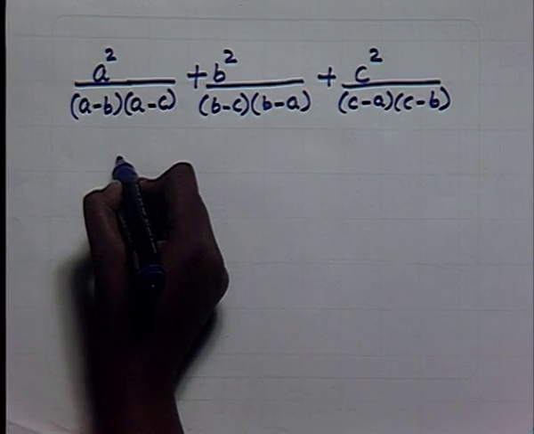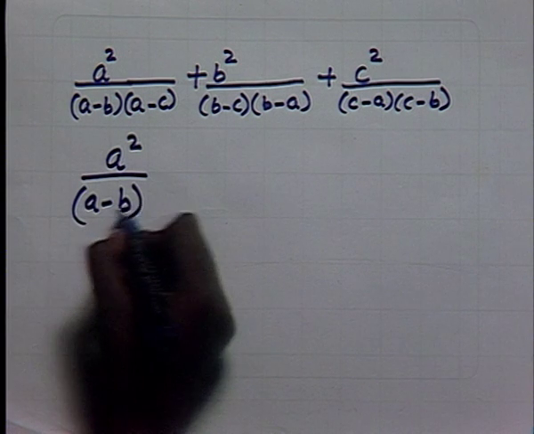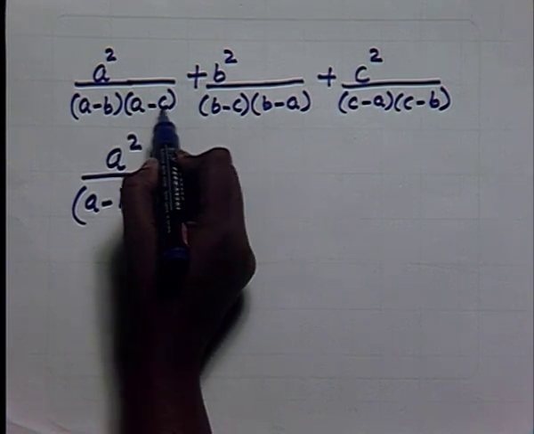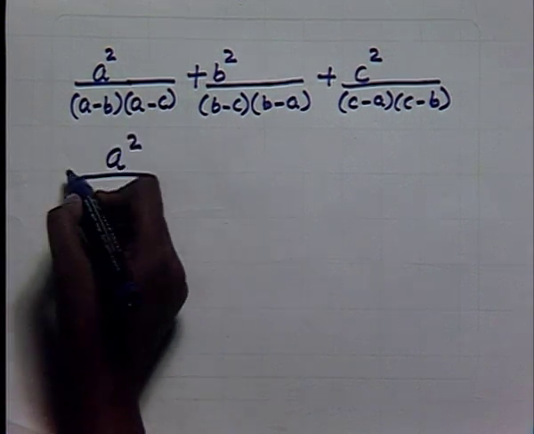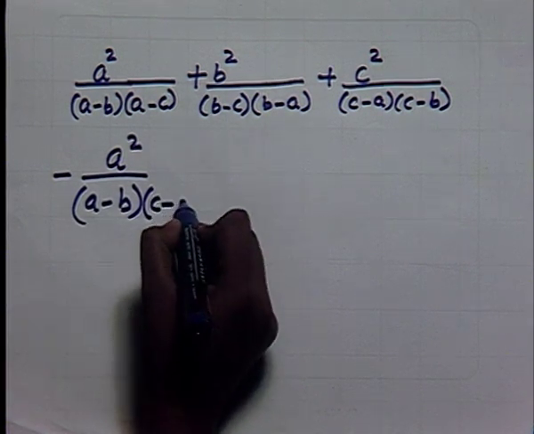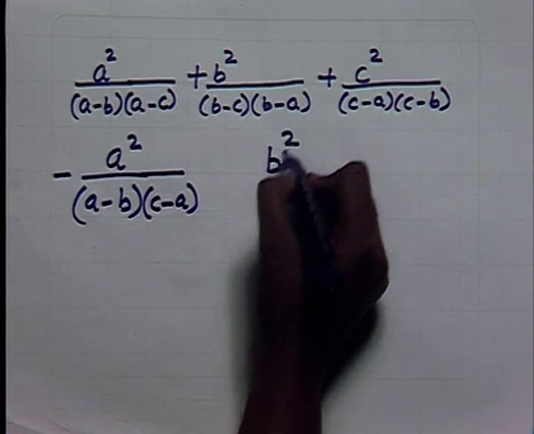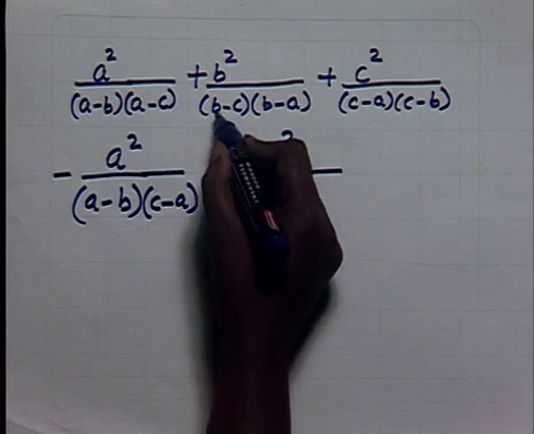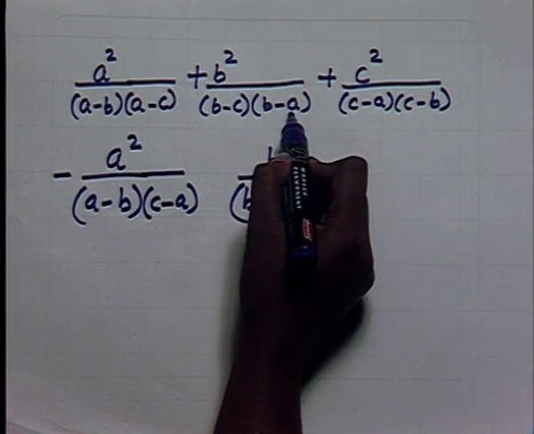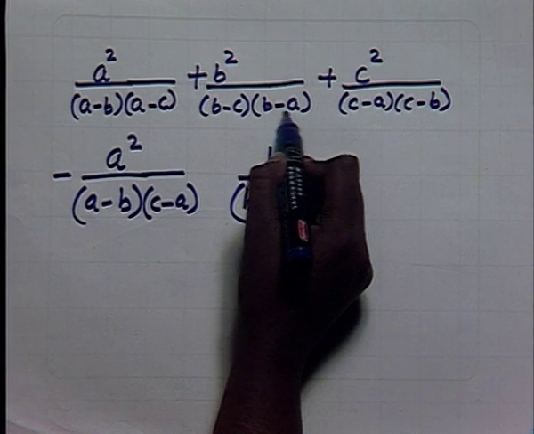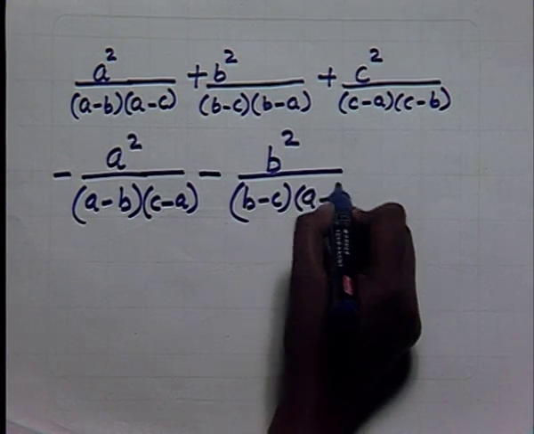The first expression becomes A square upon A minus B into, if I want to change it into cyclic form, then this should be C minus A, and in that case this negative sign will come out, we will have minus C minus A. Again I will write here B square upon, this factor is B minus C, and this factor will change to A minus B. For that, this negative sign will come out, we will write here minus A minus B.